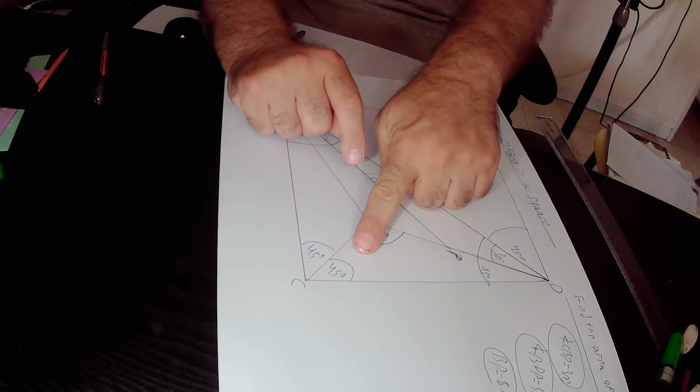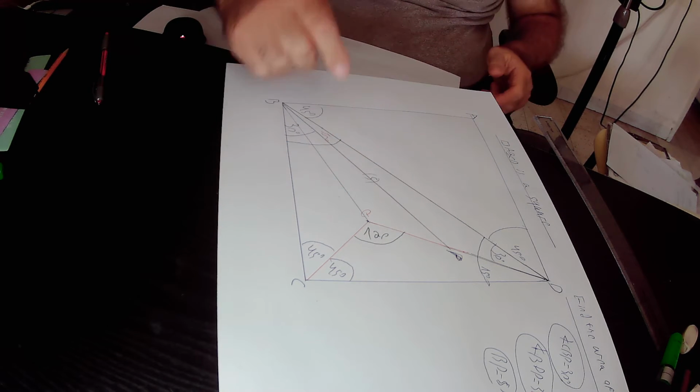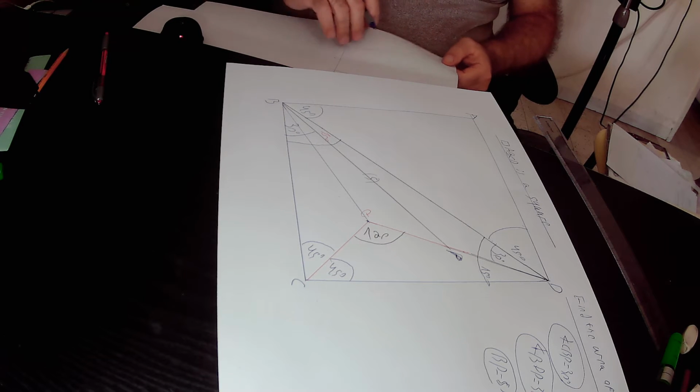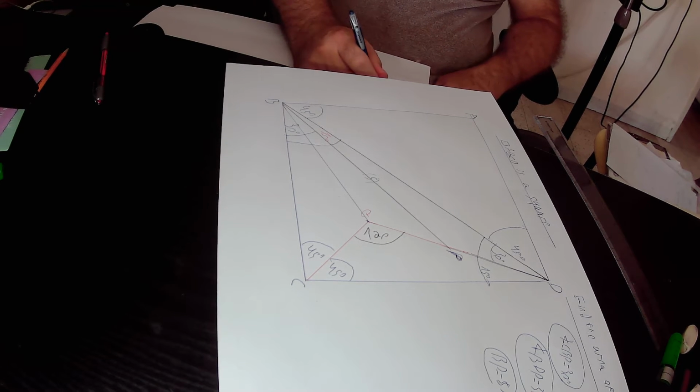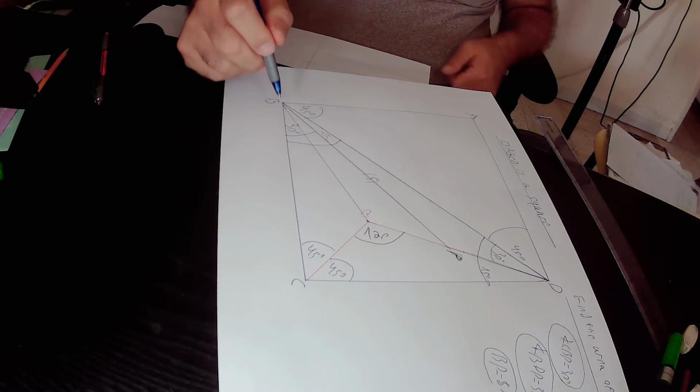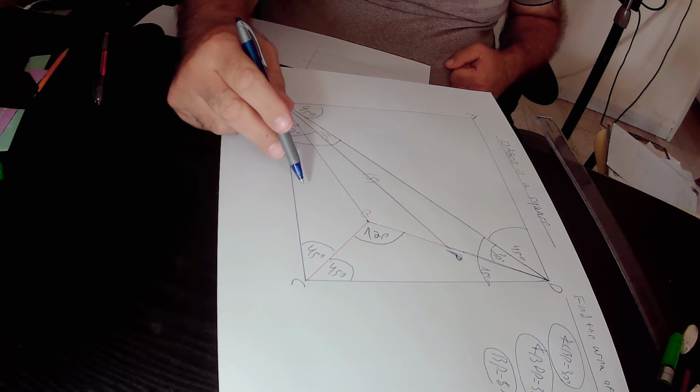So this is angle DCQ, and it is equal to this angle BCQ.